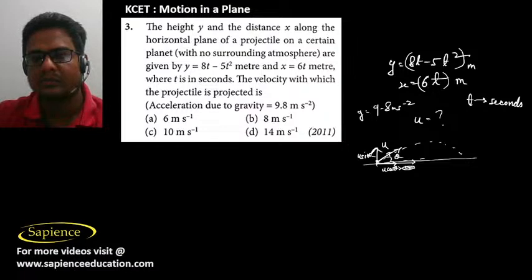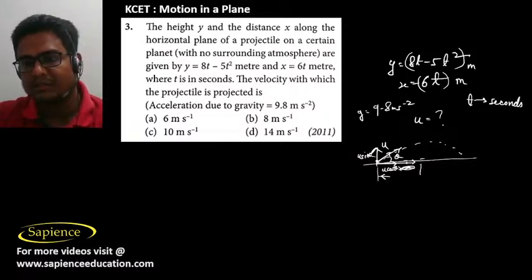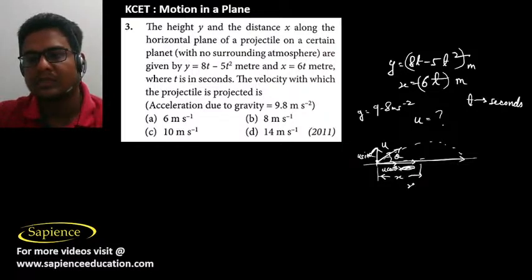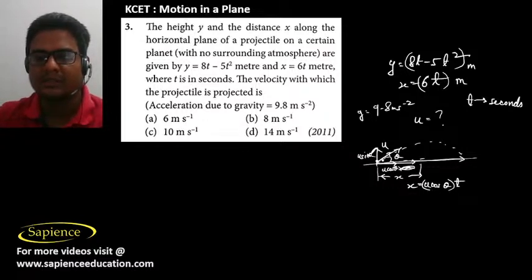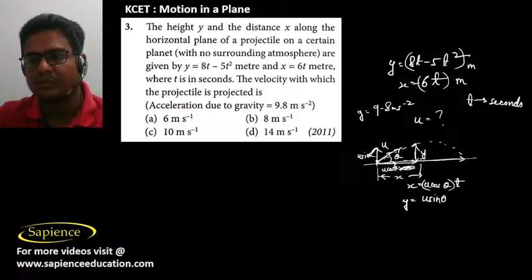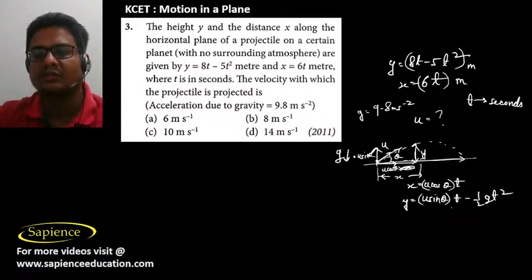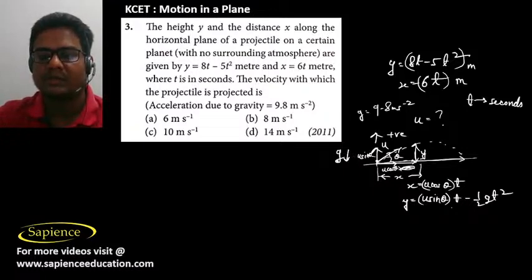So the distance traveled along the horizontal, that is x, is equal to u cos theta into t, and the distance covered along the vertical, that is y, will be equal to u sin theta into t minus half g t square, since g is acting downwards. If you take vertically upwards as the positive direction, then vertically downwards I should choose as the negative direction.